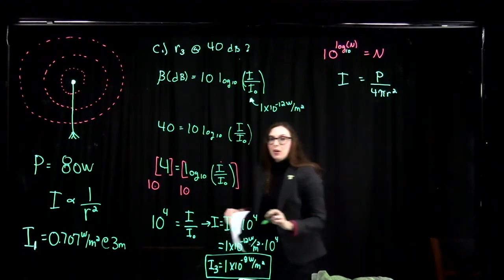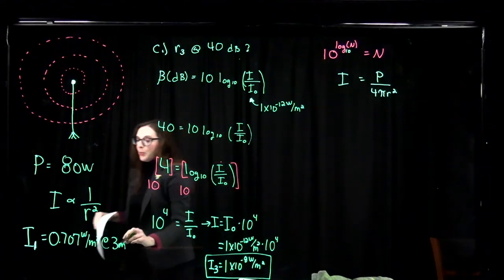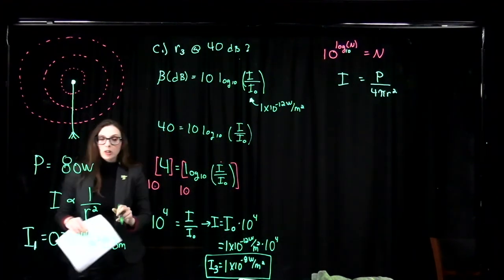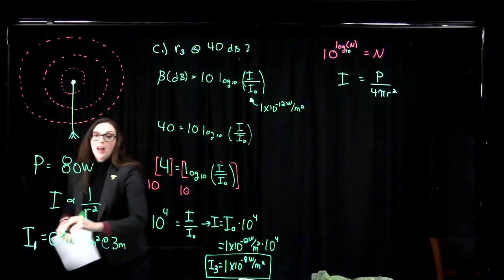Now, we also saw earlier that at 3 meters away from the source, we had an intensity of 0.707 watts per meter squared. I'm going to call that I1.